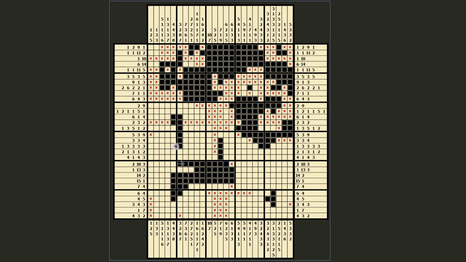This has to be a 10. This is the 4. Let's extend the 7. There we go. It started to take shape very slowly.